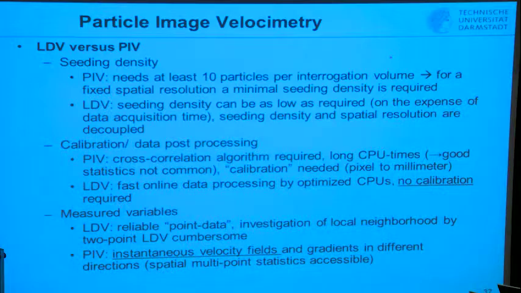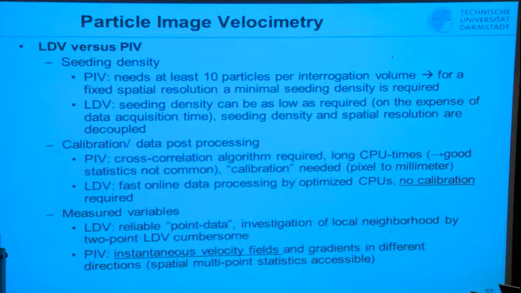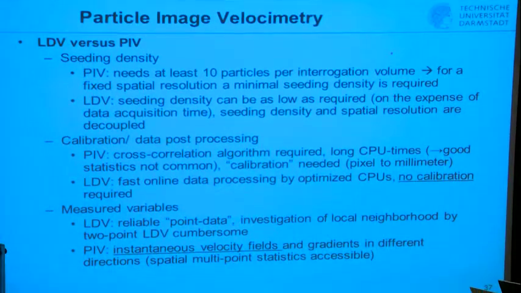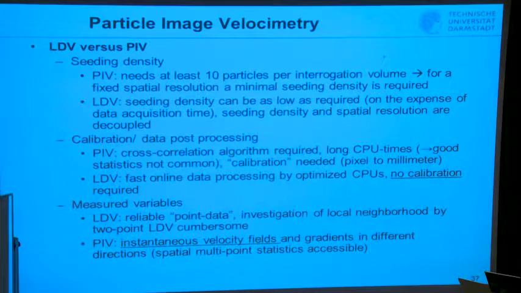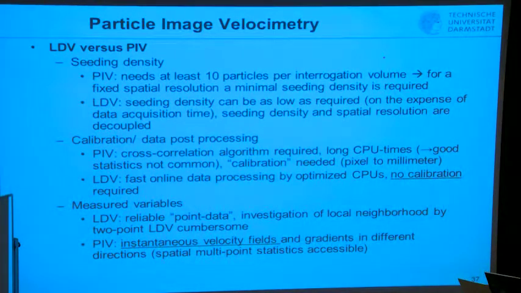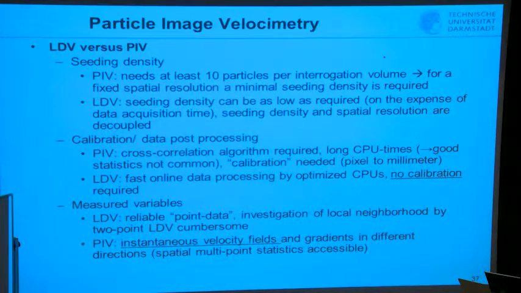And then concerning the results, if you evaluate these measured variables, I would still say laser Doppler velocimetry is more reliable if you have interest in point data. But for investigation of the neighborhood of one selected probe volume, for example, in terms of a spatial correlation, LDV is really very, very cumbersome.